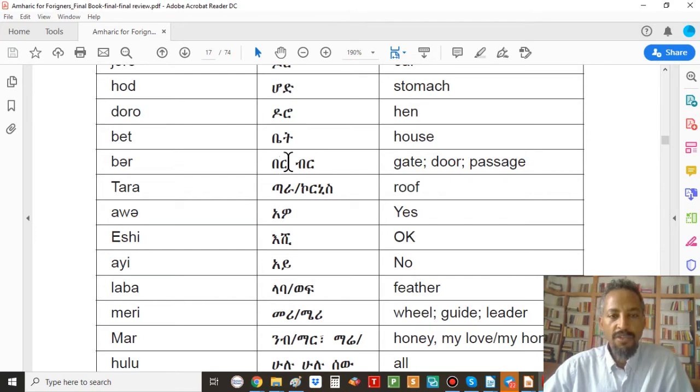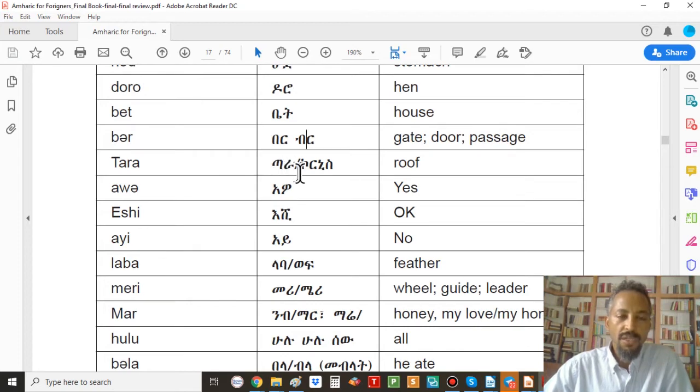The first one, ber, is a gate, door, or any passage we pass through. But the second one, bir, is the Ethiopian currency.